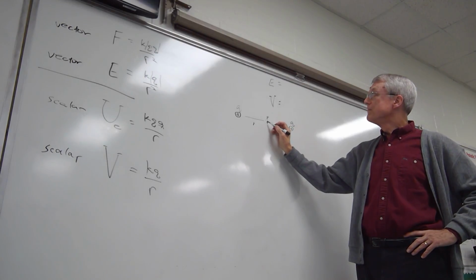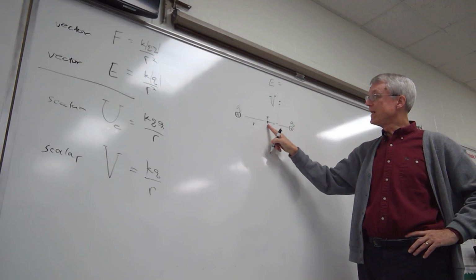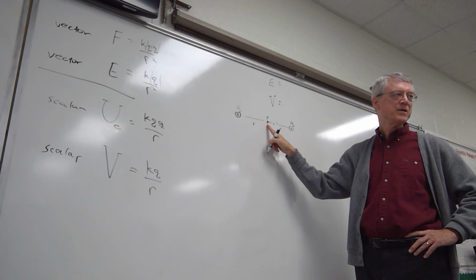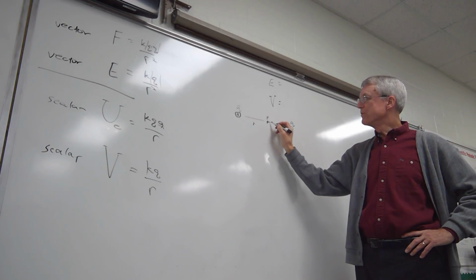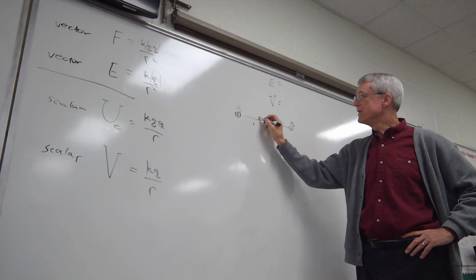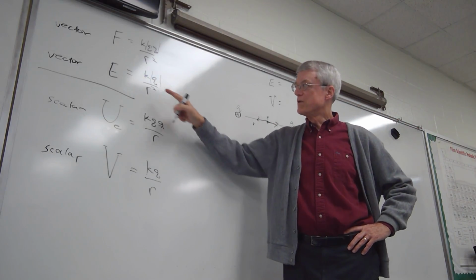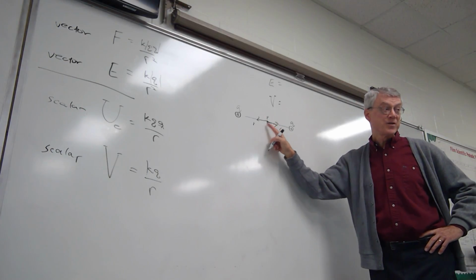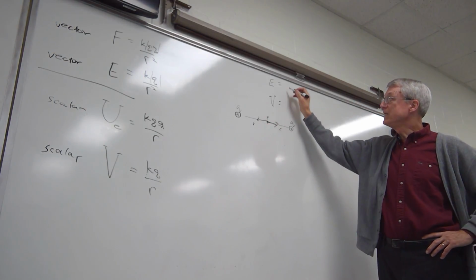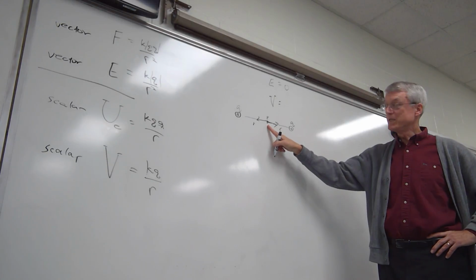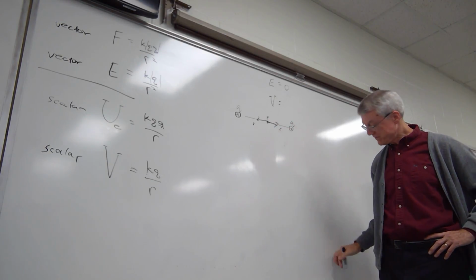Yes, the field is the question, and remember you get that by placing a proton there in your mind. That one would repel it, this one would repel it, and everything's equal in the equation. The Q and R's are the same, so in their opposite directions. So now E at the midpoint is 0. Remember last time it wasn't because they're in the same direction.